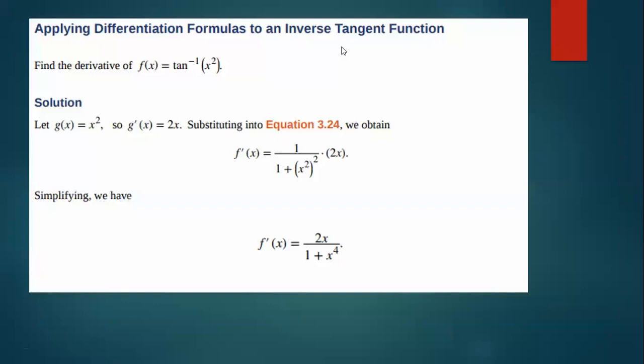Now for this, I have to write that it will be 1/(1 plus x square). So f derivative of x will be 1/(1 plus, now what is the value of x? The value of x here is x square, so it will be x square of square, and the derivative of the function, that is d upon dx of the function x square.